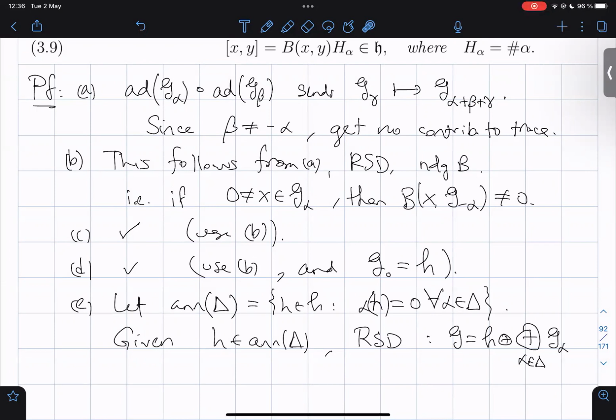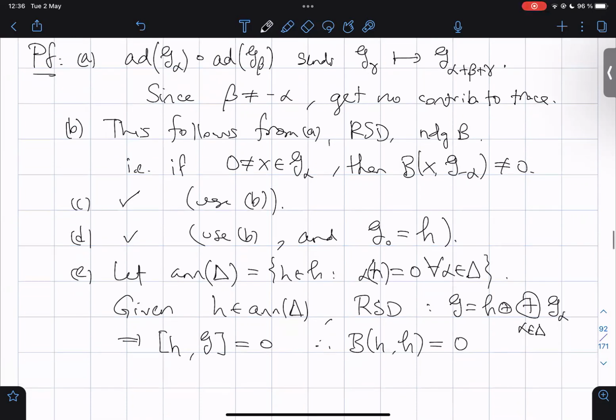If I bracket with anything over here, that's also 0 because of this condition. So root space decomposition implies that H commutes with everything in G. So in particular, the pairing with the Cartan subalgebra is going to be 0.